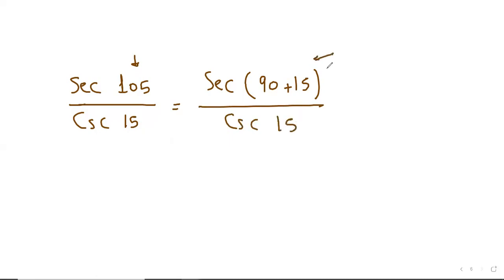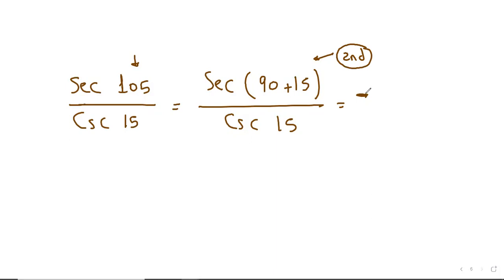Let's have a look at the numerator again. 90 plus 15, 105, lies in which quadrant? In the second quadrant. What is the sign of sec? It's negative, because sec is the inverse of cosine, and cosine in the second quadrant is negative. So 90 plus 15 lies in the second quadrant, and the sign of sec in the second quadrant is negative.